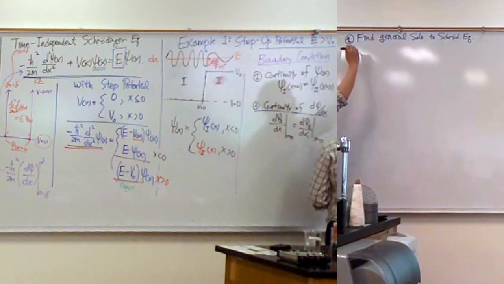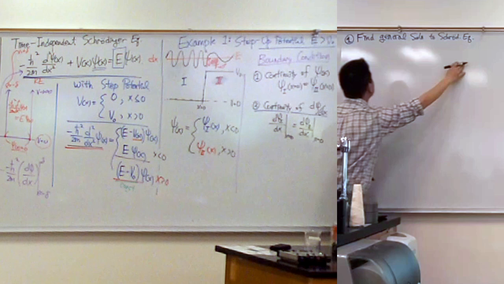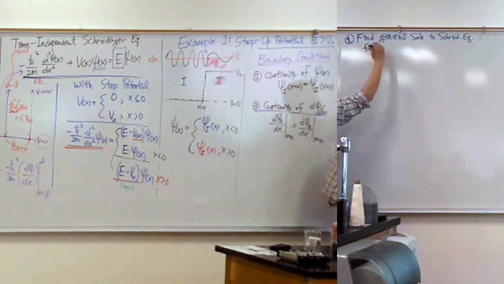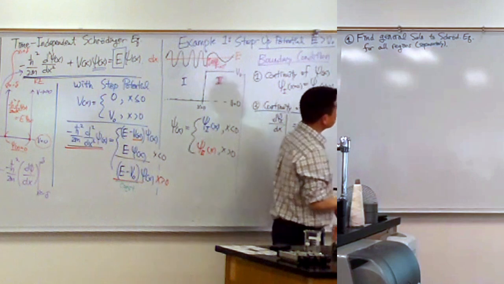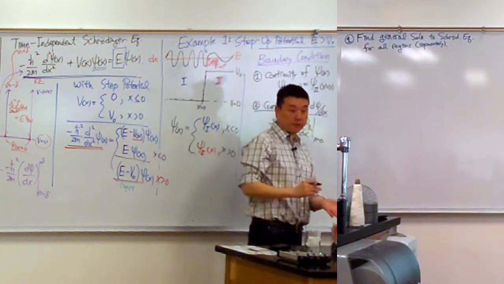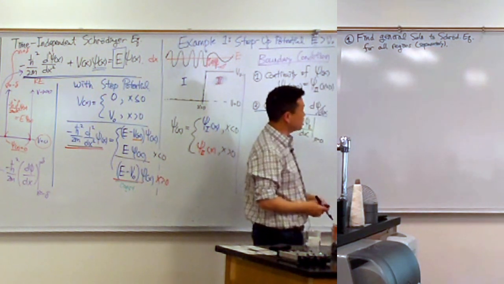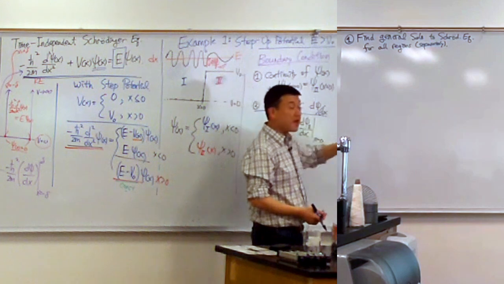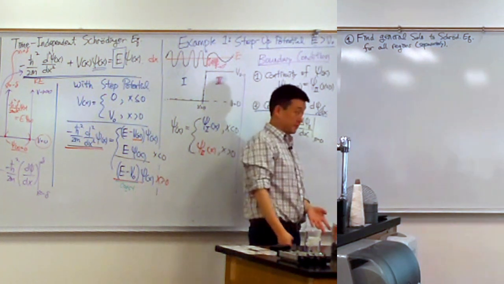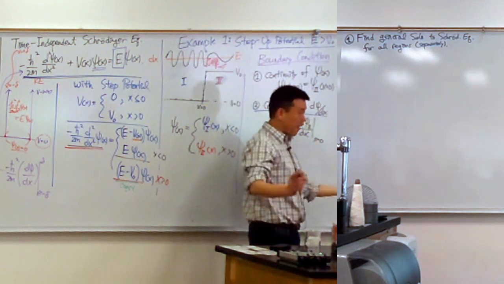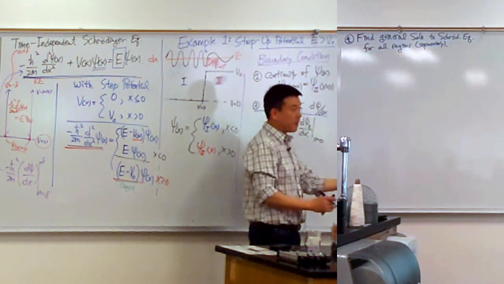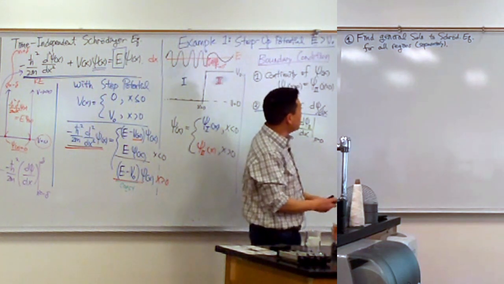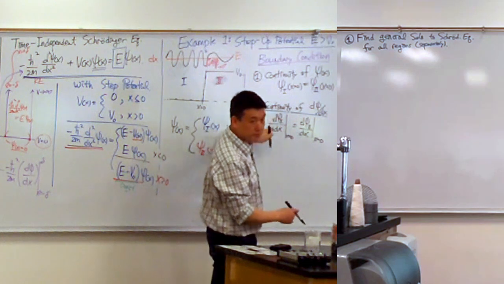General solutions to the Schrödinger equation for all regions separately. Then you are going to end up with some number of equations and a number of free parameters. And the rest of the goal in the solution step is to reduce the number of free parameters by applying boundary conditions.